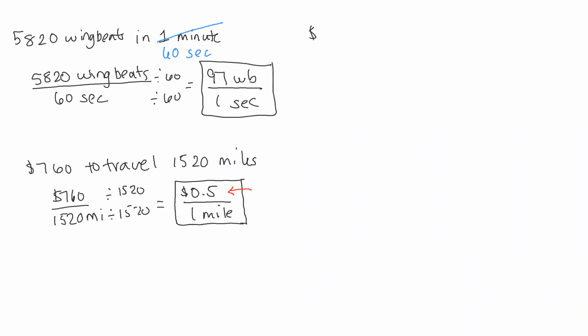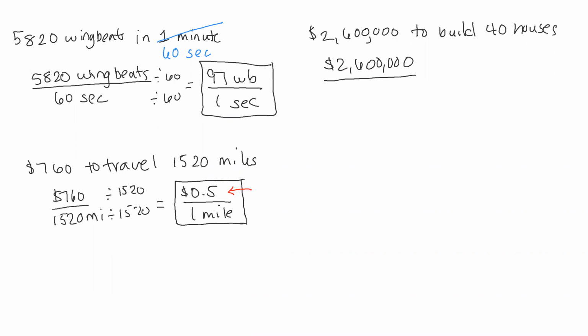Let's say it costs 2.6 million to build 40 houses. All right. So if we want to find the unit rate, we want to know the cost to build a single house. So we take our 2.6 million and we're going to divide it by 40 houses.